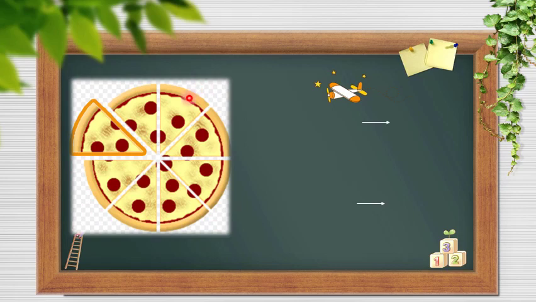Now I want to write the fraction for each part. For example, for this part, which is represented here. So what will be the fraction for each single part? Excellent, 1 of 8. Very good.